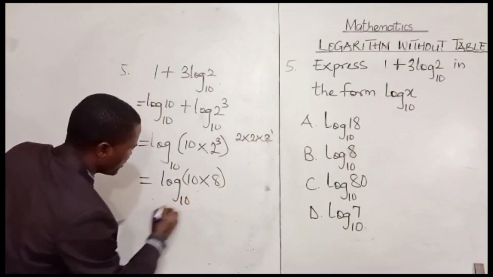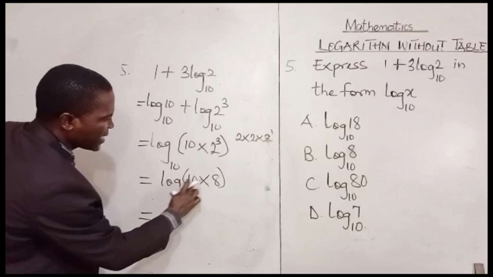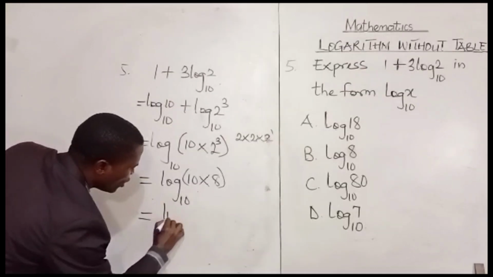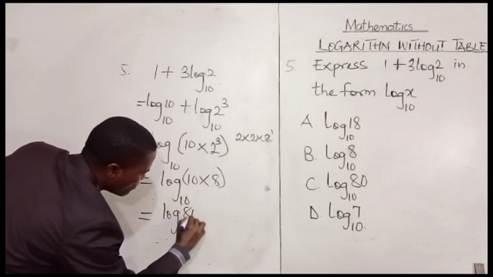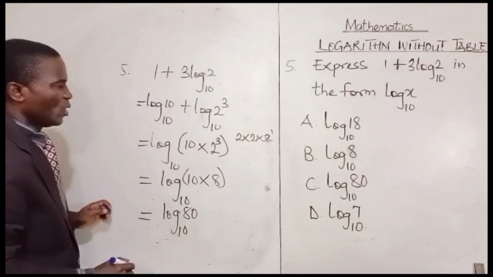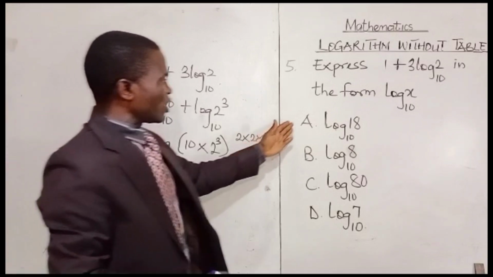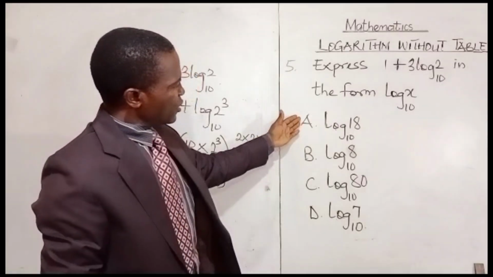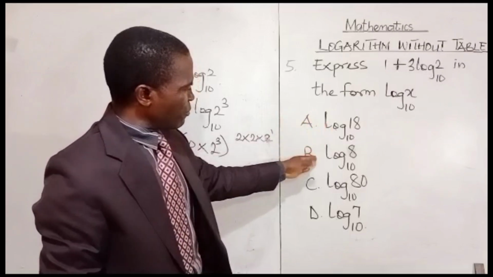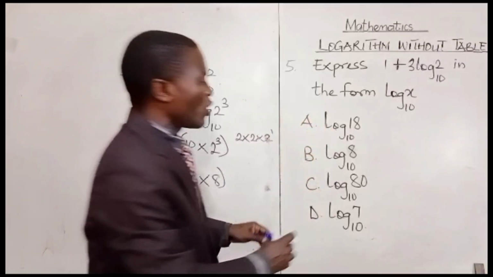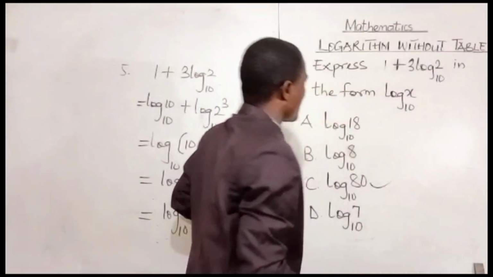This is still base 10. So 10 times 8 gives us log 80 base 10. Let us check the option that is most appropriate. Option A is wrong, option B is wrong. The most appropriate option here is option C.